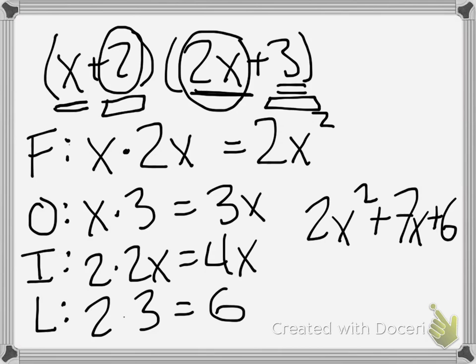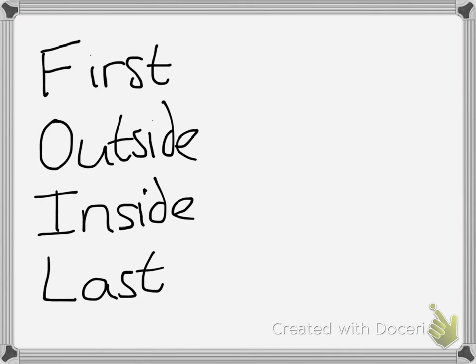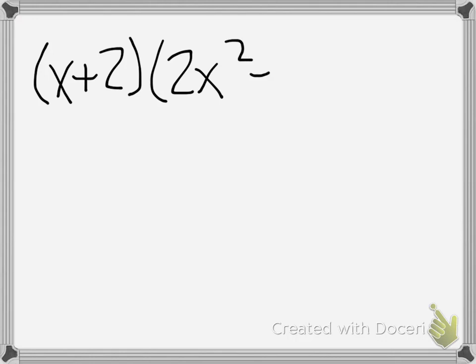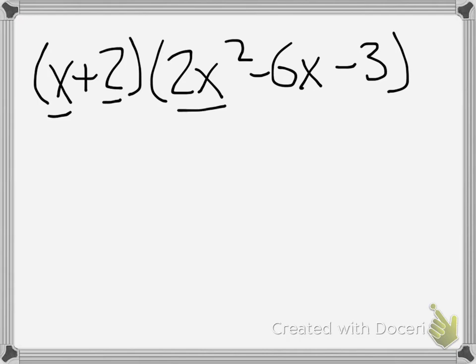Now, of course, I can multiply bigger things. And then I do not have an easy acronym like this to get me through it. Let's say I have x plus 2 times 2x squared minus 6x minus 3. I need to multiply each of these 2 terms by each of these 3 terms. I have options.